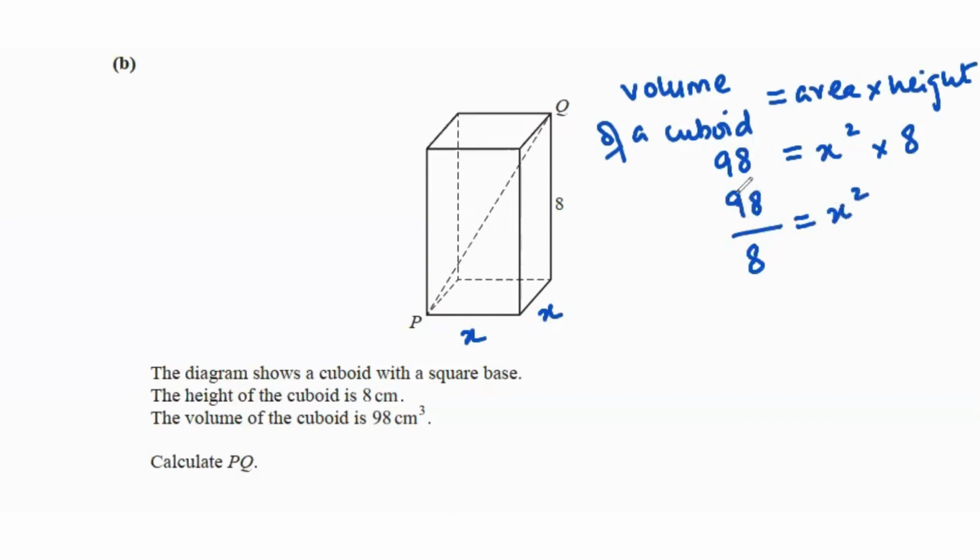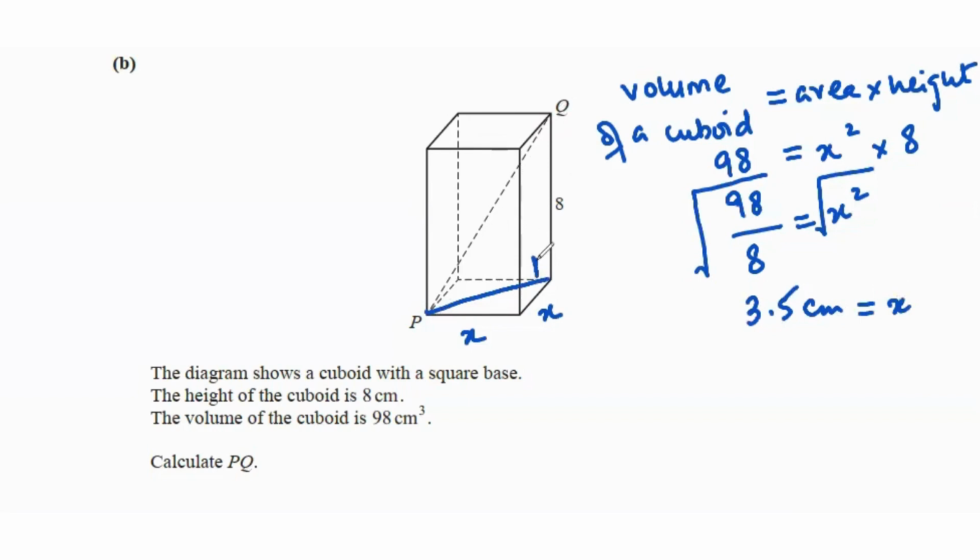And then we take the square root of this to get rid of the square on x. That's going to be 3.5 centimeters. That is x. So now what we do is we find this, because we're trying to find the length of PQ.